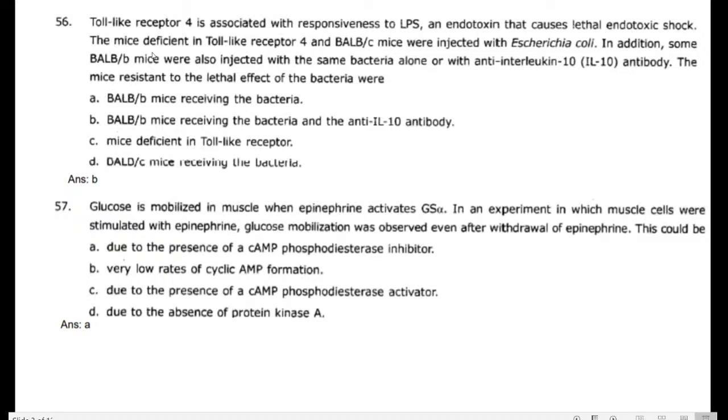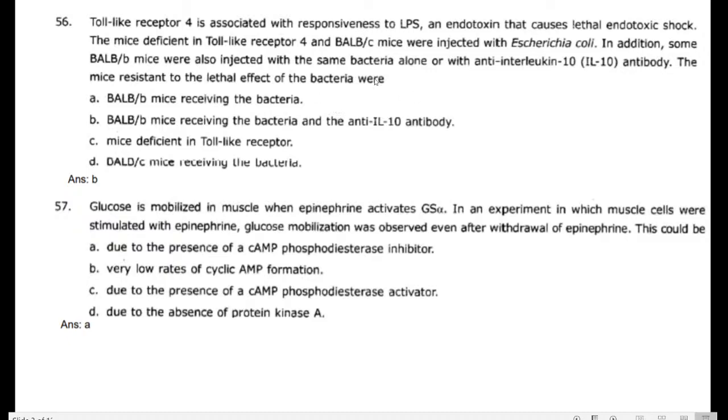Mice deficient in the toll-like receptor, C mice, were injected with Escherichia coli. In addition, some BALB-B mice were injected with the bacteria alone or with interleukin 10 antibody, to test the lethal effect of the bacteria.